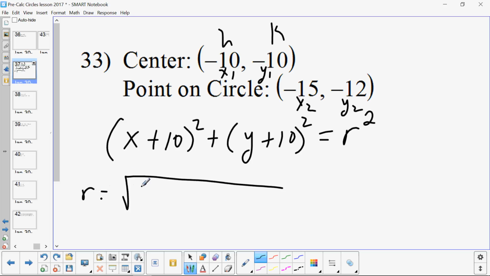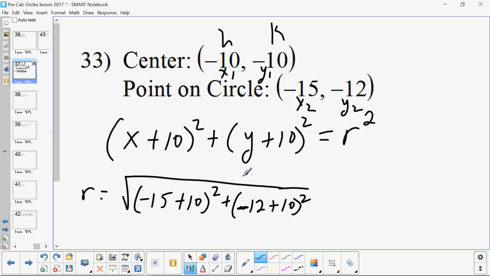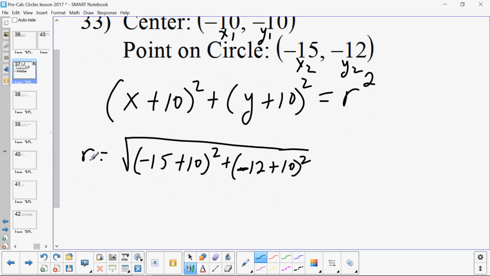Okay, so that's going to be negative 15 plus 10 squared plus negative 12 plus 10 squared. This is a distance, but we're writing r for radius. Earlier we wrote d for distance. That's where you learned this from. This will be negative 5 squared. That's 25.